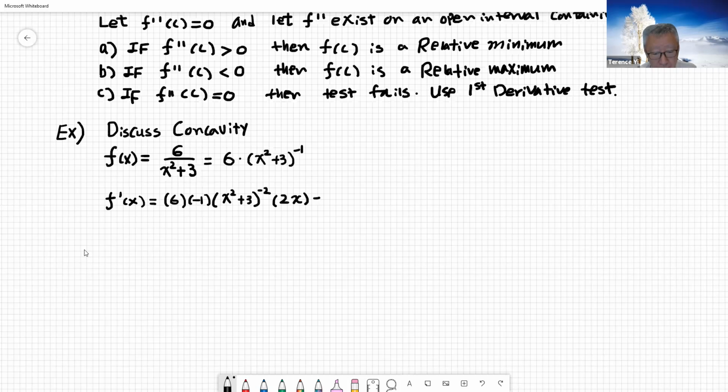Why don't we simplify this one here? So we have 2x times minus 1 times 6, we get minus 12x on the top. And if I rewrite the x squared plus 3 to the negative 2, we get x squared plus 3 squared.